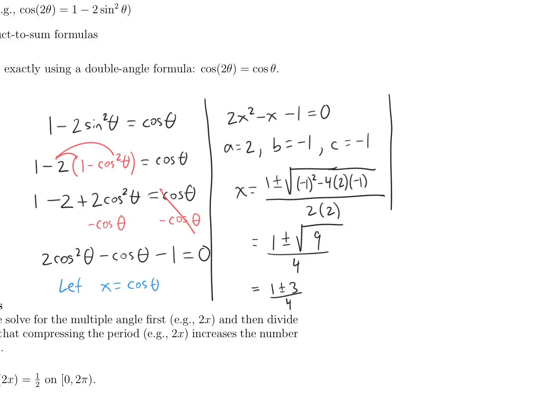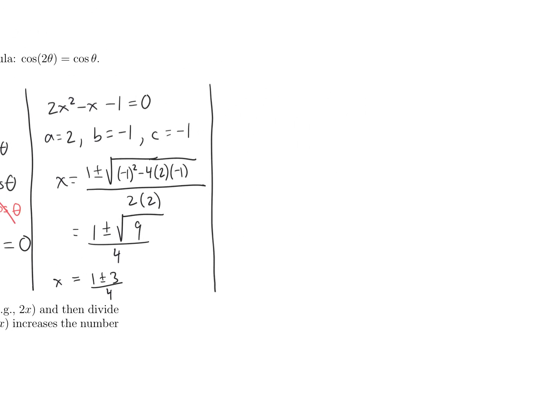And now we're going to end up with 2 possible solutions, right? The plus and the minus give us 2 different solutions, so let's write those out. One of them is x equals 1 plus 3 over 4, which is 1. And the other solution is 1 minus 3 over 4, which is negative a half. I'm just going to divide that into 2 separate columns.